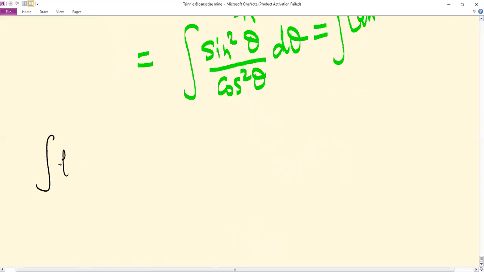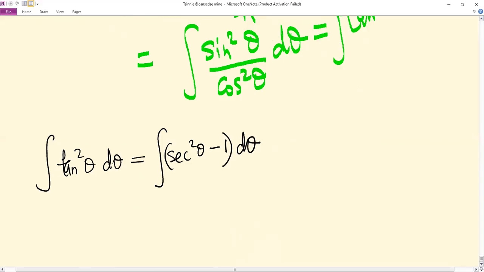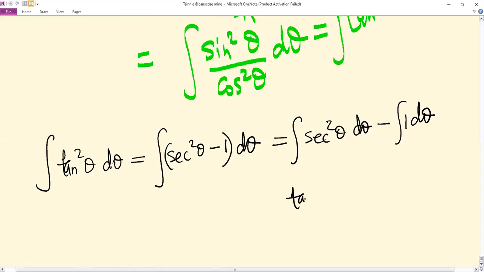So the integral of tan squared theta d theta is the same as the integral of sec squared theta minus 1 d theta. This is the same as the integral of sec squared theta d theta minus the integral of 1 d theta. And you see this is a standard integral whose value is tan theta minus theta plus a constant of integration, c.